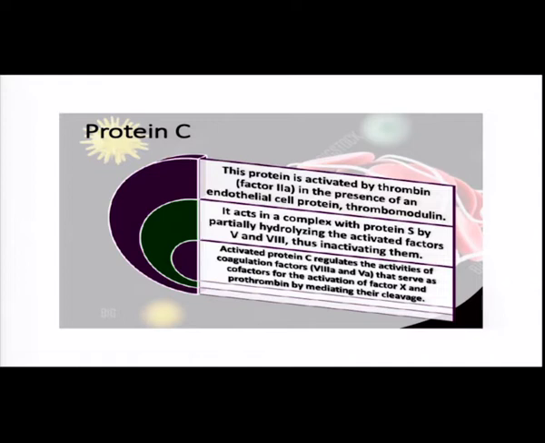So these activated factors, factors 5 and 8, are being inactivated by one more protein. Yes, so activated protein C regulates the activities of coagulation factors 8a and 5a, and this serves as a cofactor for the activation of factor 10.